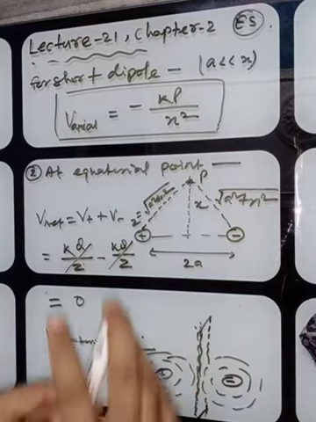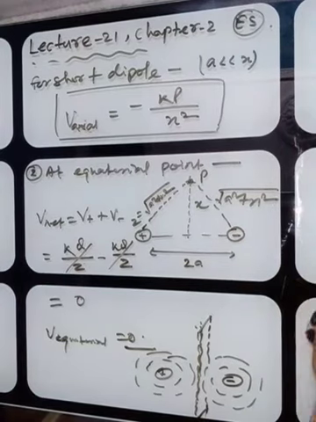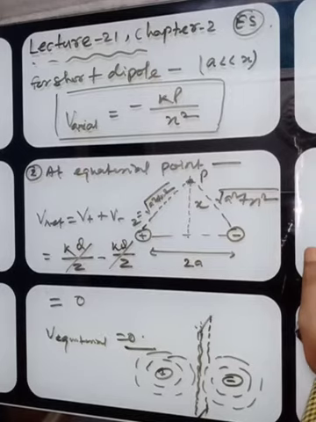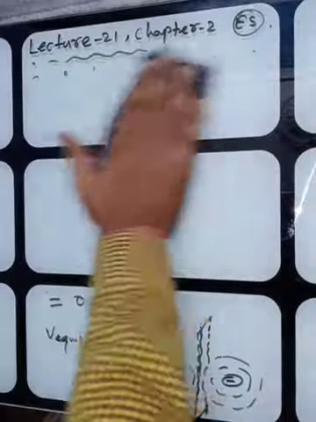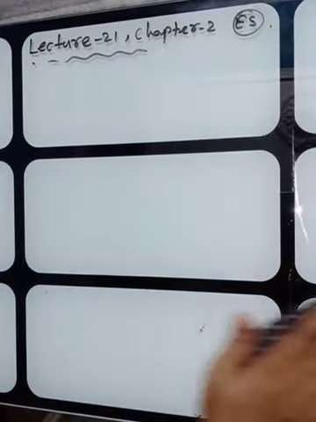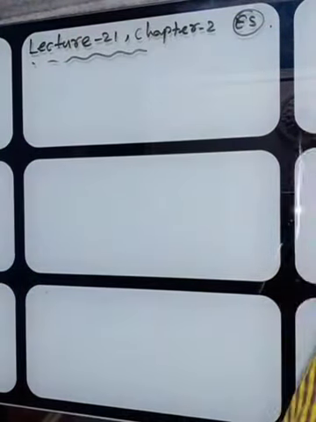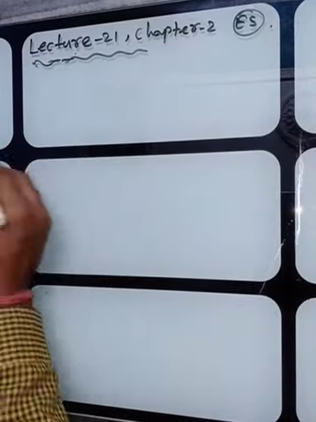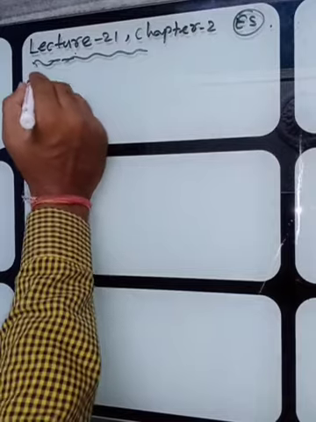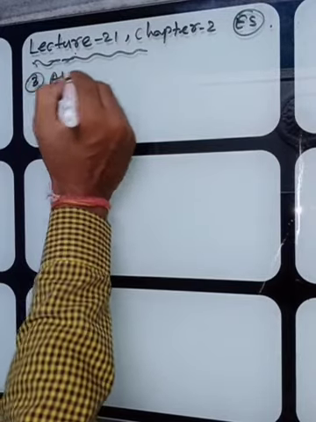Okay, my dear friend. Now the potential at an arbitrary point is very important, and this particular derivation is given in NCERT. So give the heading: potential due to dipole at, this is the third case, an arbitrary point.